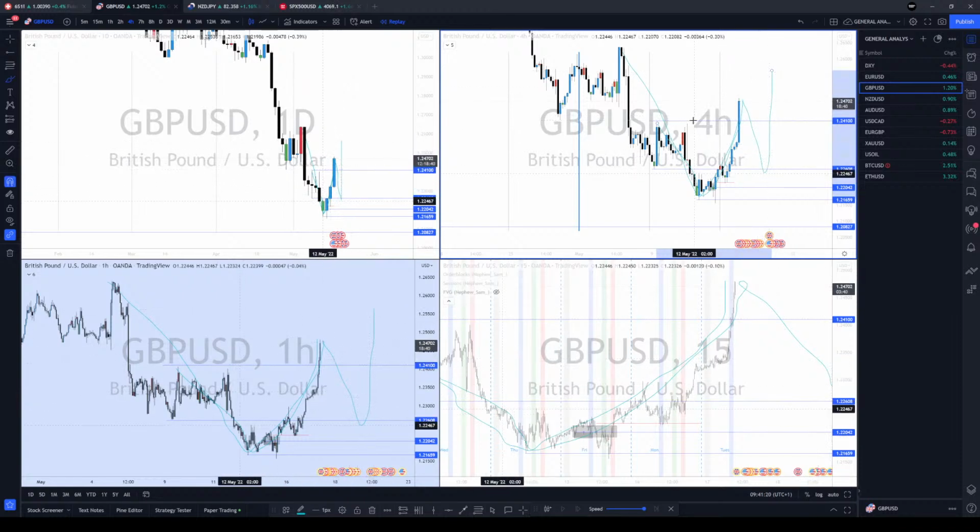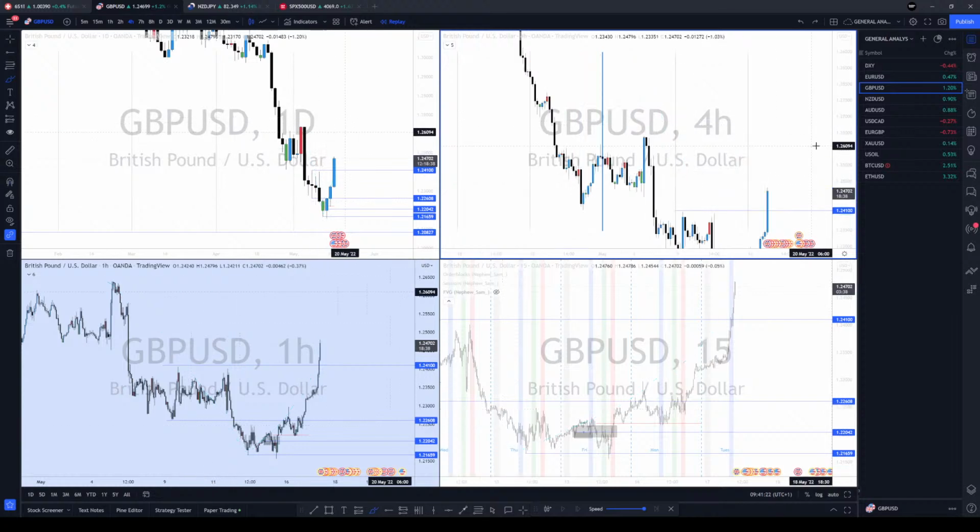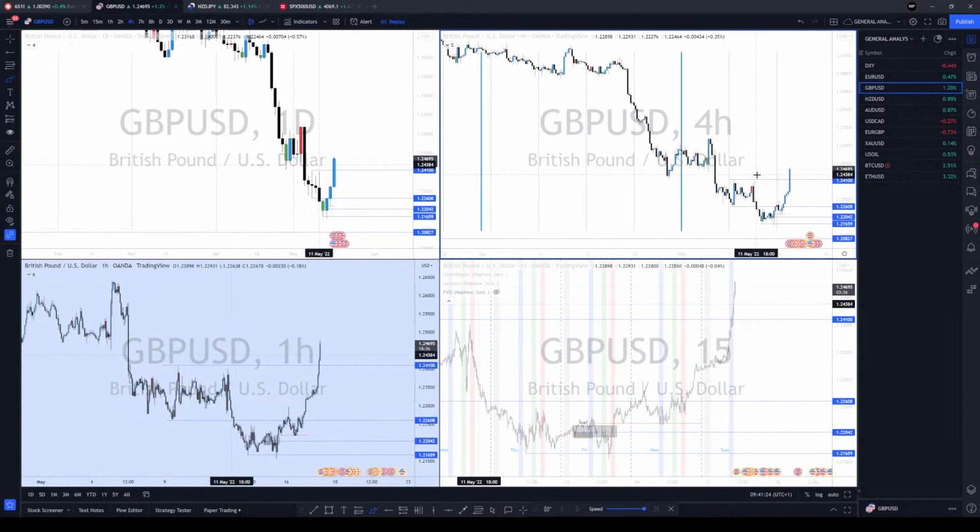Don't do that. Price is still bearish in my opinion, so we should see some rejection in here. That will happen either today or tomorrow, or it might start reacting over the New York session, and then going into tomorrow it will start coming back down again.